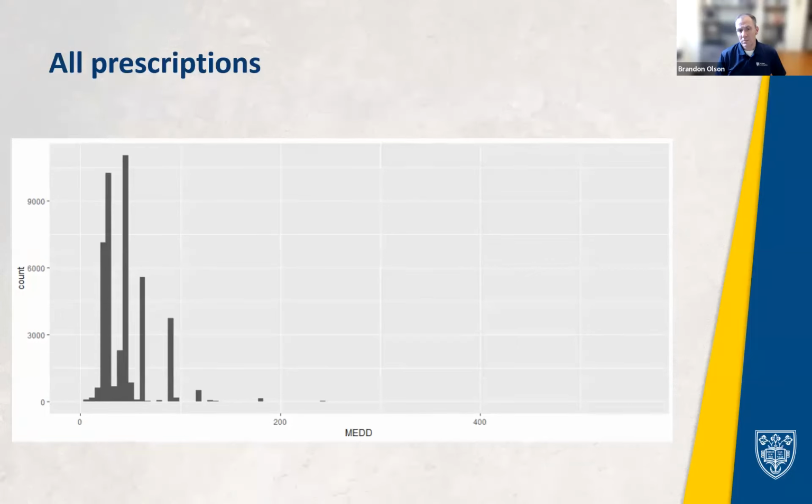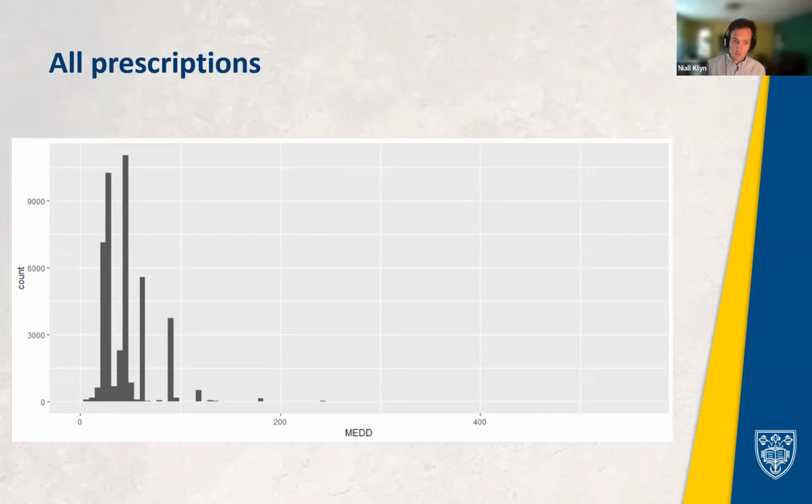So for our data set here, when we're looking across all of the prescriptions, this is what our histogram looks like. It's not terribly dissimilar to the one I showed you before. It's not quite as focused down in those very, very low values, but we still have a really large crest here in the lower values, and then we have values all the way out almost to 600. You will notice, however, that they are so small relative to our y-axis that you can't even see them.